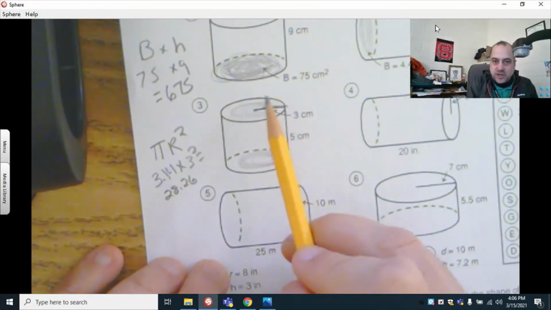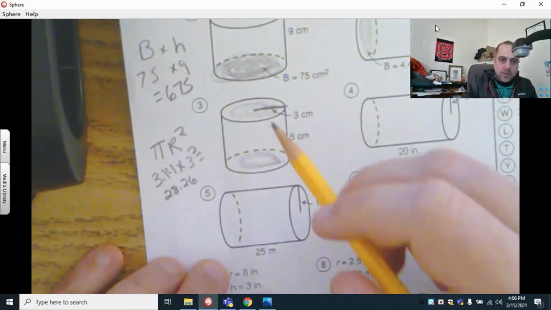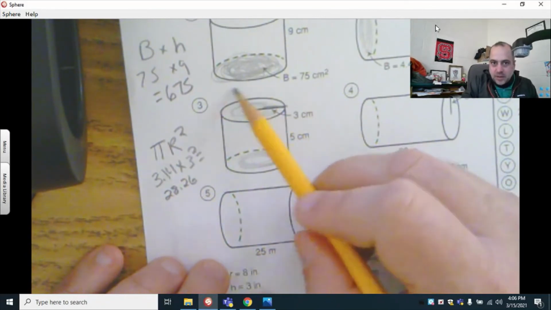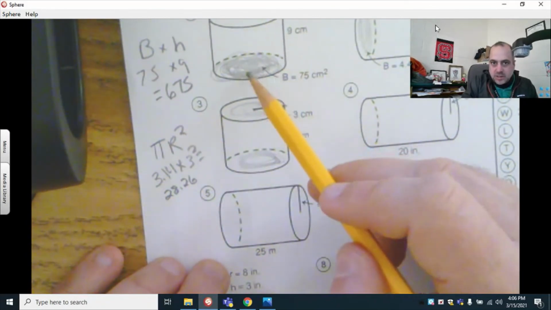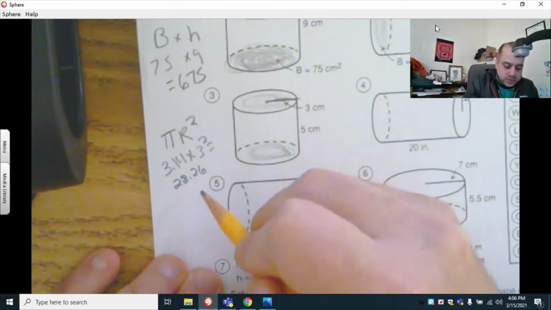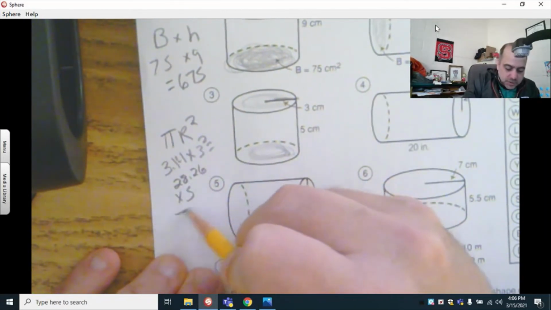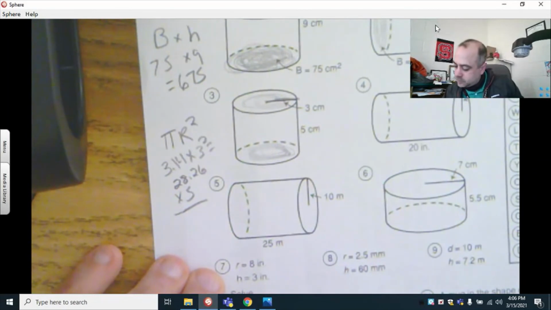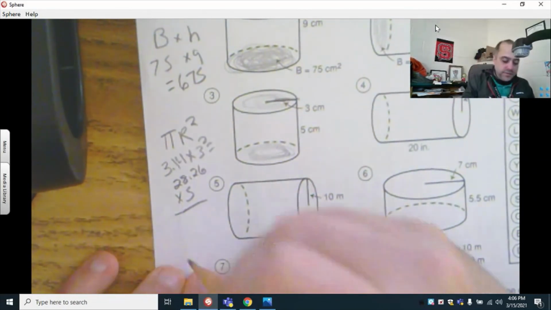Now, that's how much this is. Remember, we have to take this, like we did up here. We took this and multiplied it by this. We're going to say 28.26 times 5. And that's 141.3.